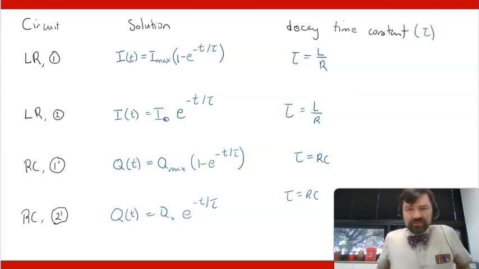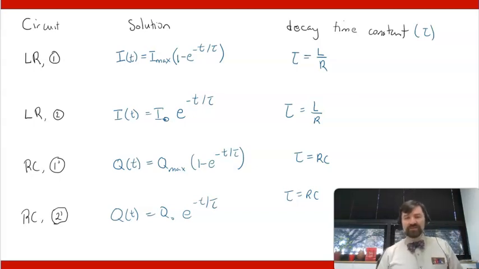Now, is there anything else to be added to all of this? Yes, because all of these are in terms of either current or charge, and so we might want to put them in terms of voltage.